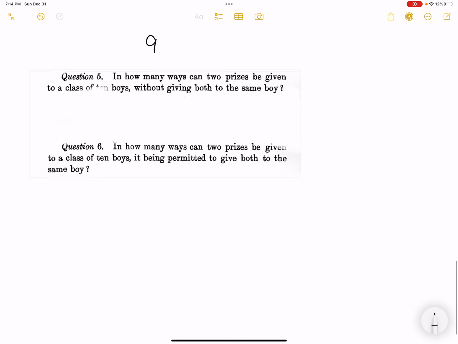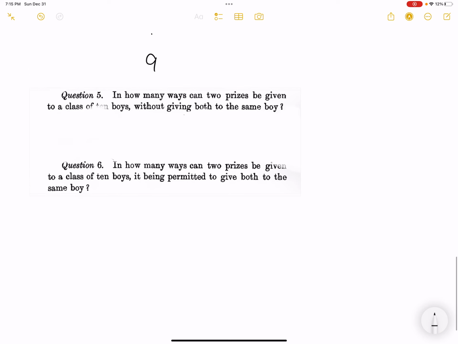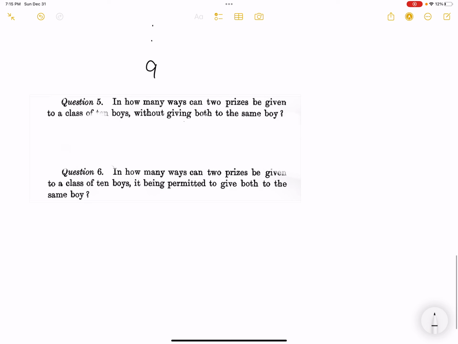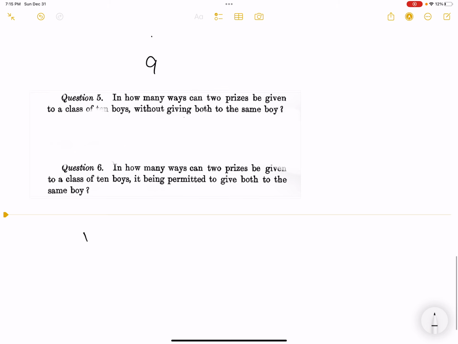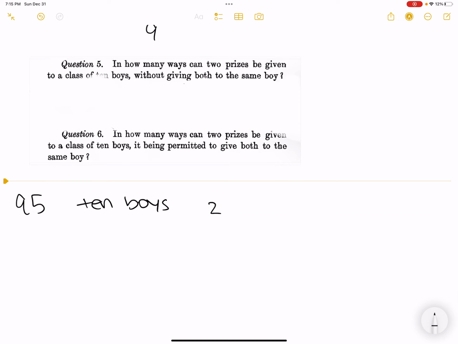there are 10 boys in the class. Question 5. So there are 10 boys, and there are 2 prizes.